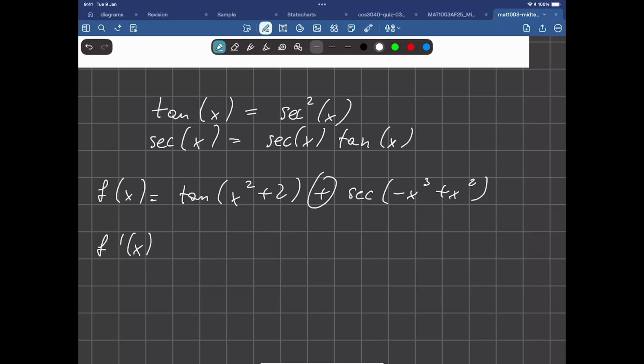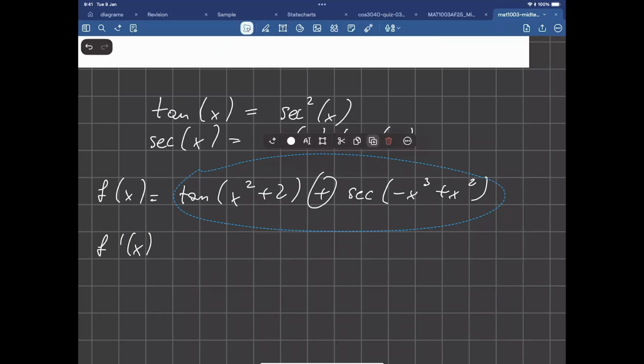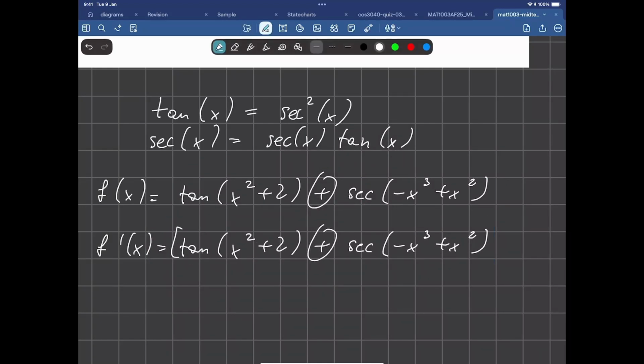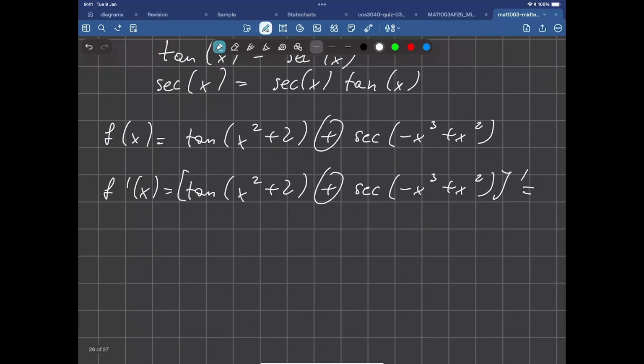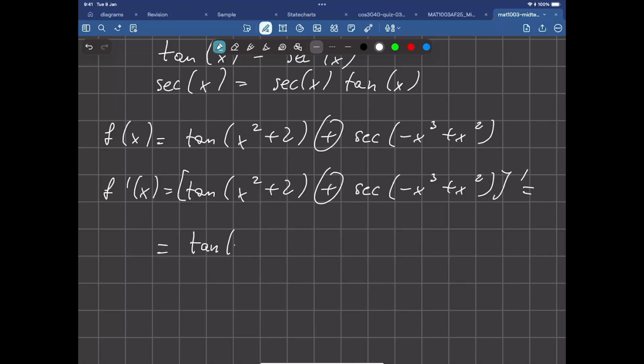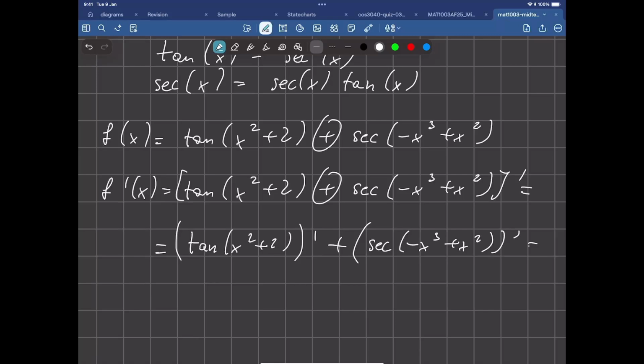So the derivative of this whole thing, let me just duplicate it, is equal to the sum of the two separate derivatives, okay? So I could rewrite it as the derivative of tangent of x squared plus 2 plus the derivative of secant of minus x cubed plus x squared, like that, okay?